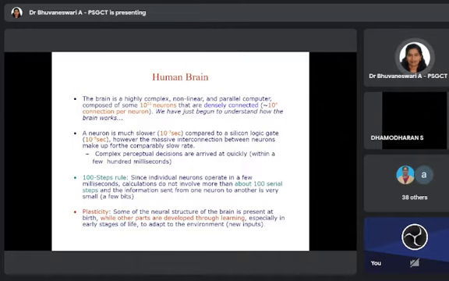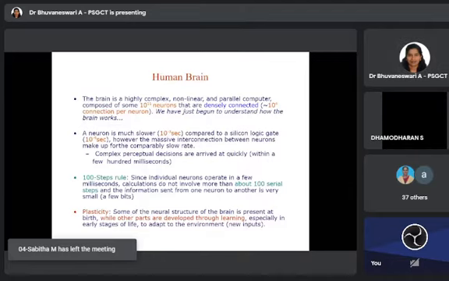Some of the neural structure of the brain is present at birth, right? When a child is born, it doesn't know much. It can just see, it can cry, it can sleep, it can move its legs and hands, it can open its eyes, it can listen. These are the few tasks a child can do.